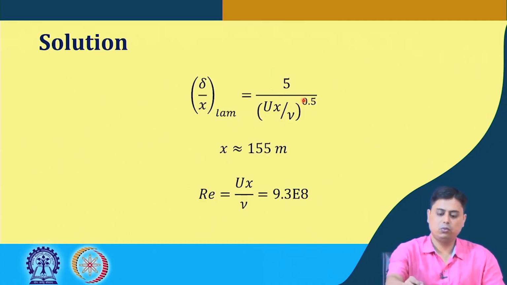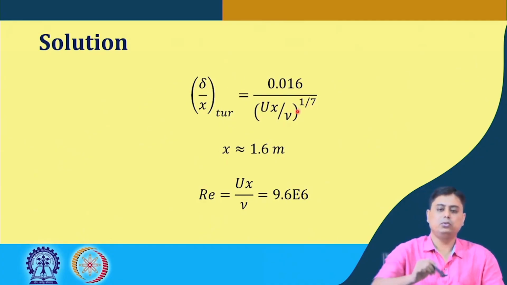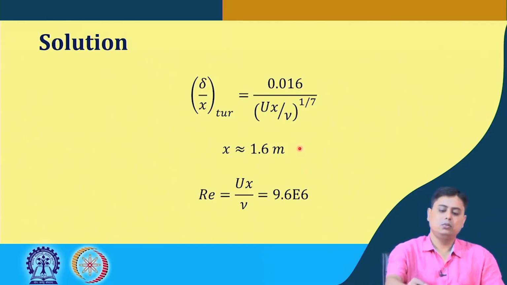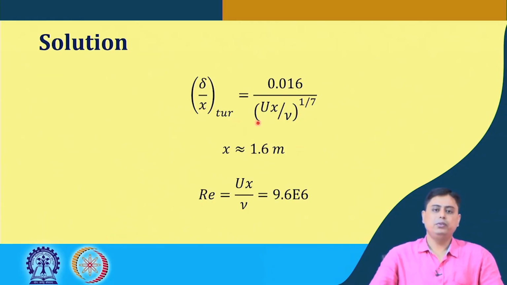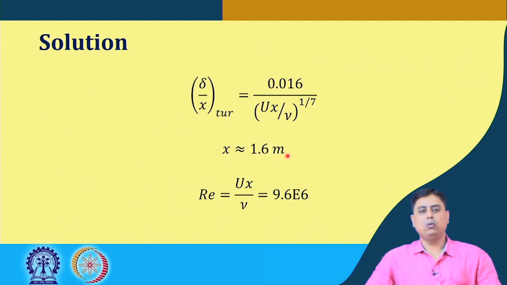Here the expression was Reynolds number to the power half, and here it is Reynolds number to the power 1 by 7 in the denominator. Okay. By replacing the numerical values, we find out x, and we see that x is now numerically equal to 1.6 meter, which is logical, okay, and it makes sense.